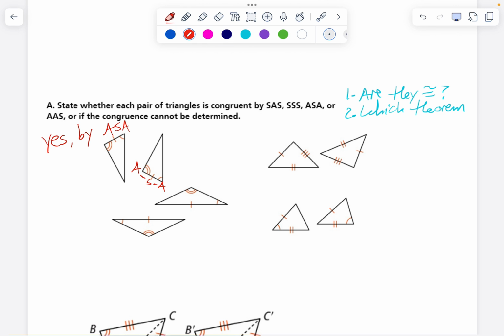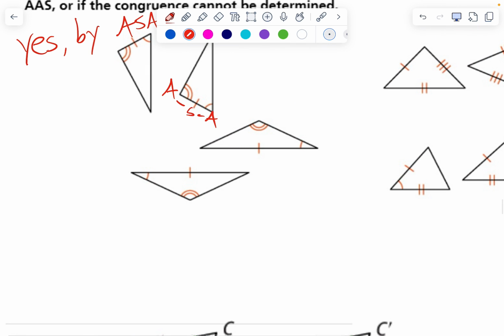Okay, the ones just below that. Yeah, if we start, just pick an angle, maybe start here. Remember, we skip a side, and then we have another angle, and then the subsequent side. So this is yes by AAS. And again, if you read it the other way, it's SAA, which is fine.